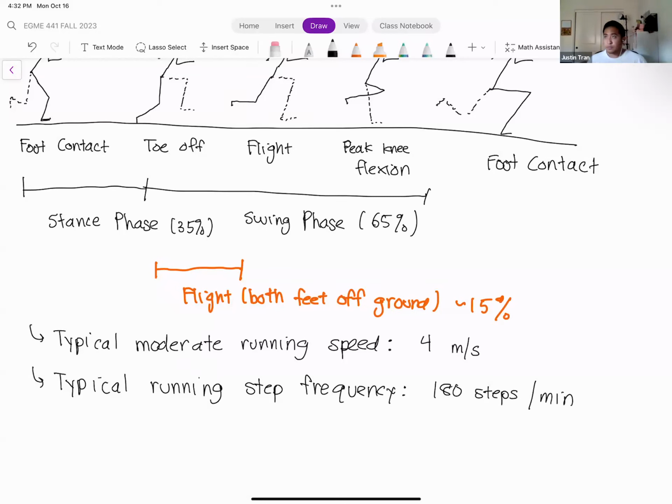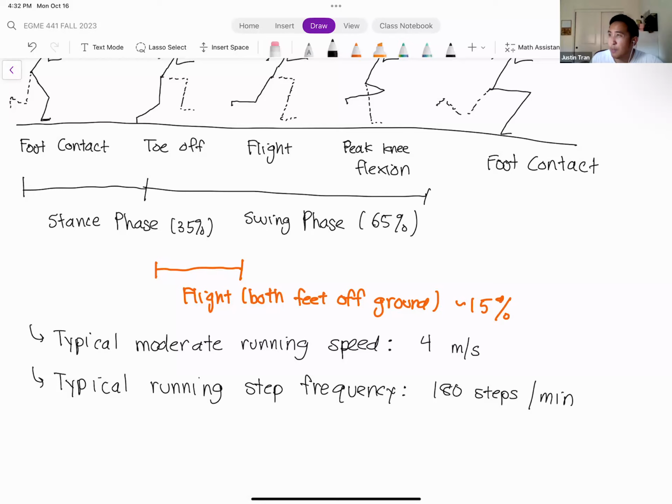So you can see here that you're taking about 3 steps per second, because we have 60 seconds per minute, and 180 steps per minute is 3 steps per second. So still fairly fast.